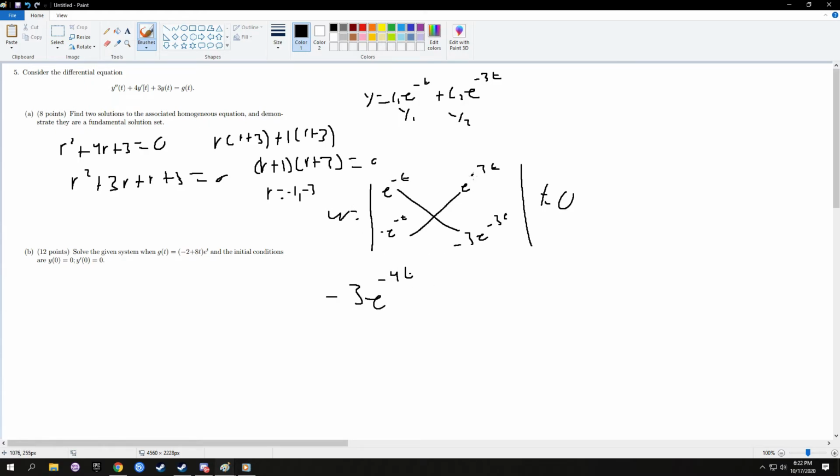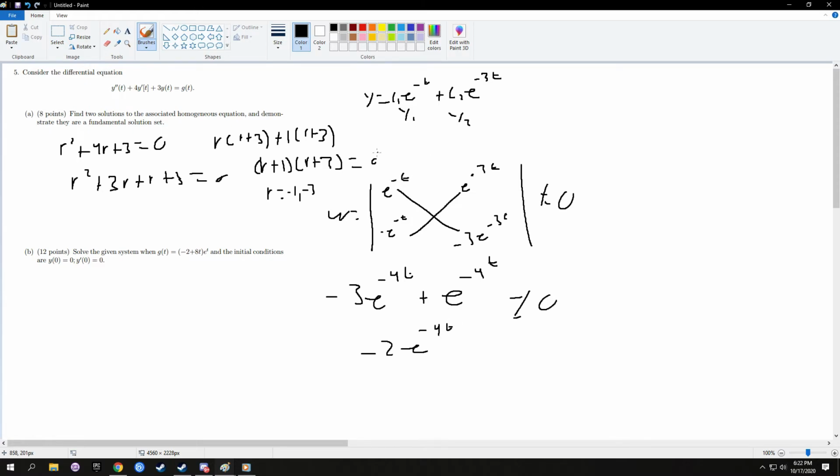And this becomes a minus, minus minus becomes plus. And this will not equal 0. Now simplify it down to this.